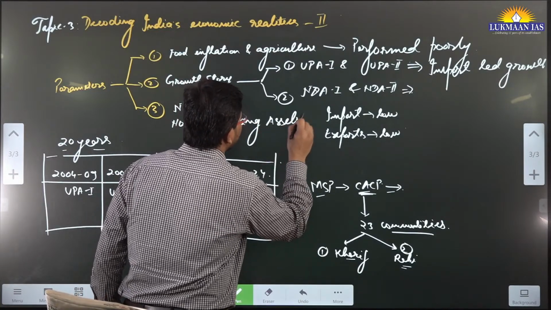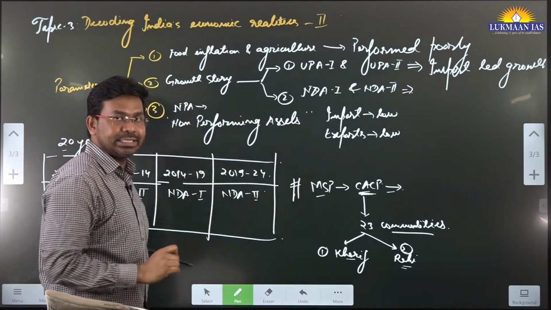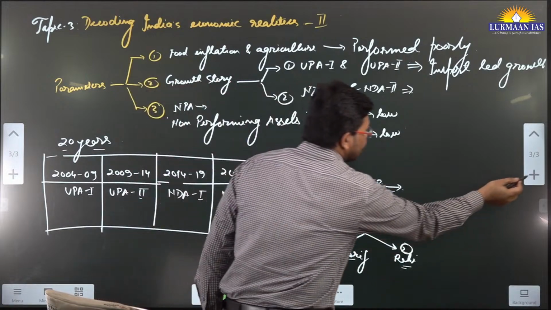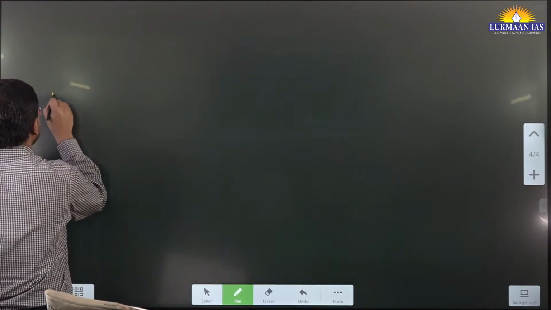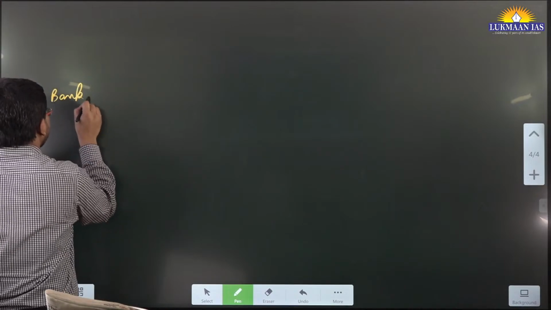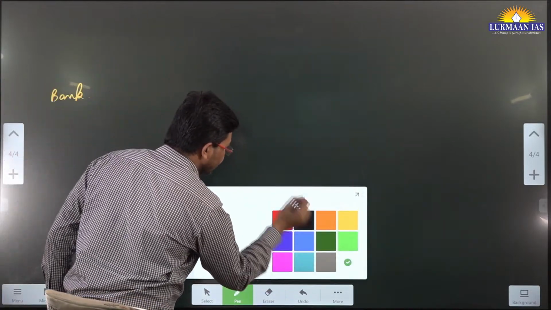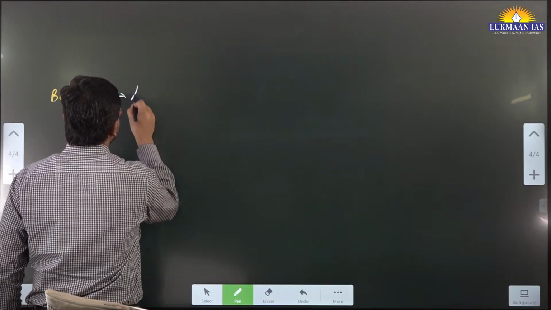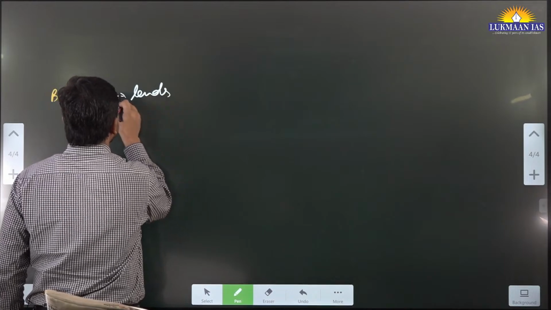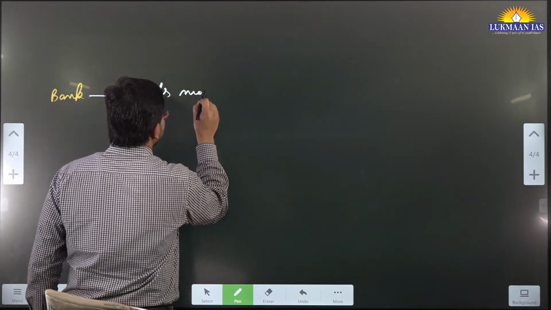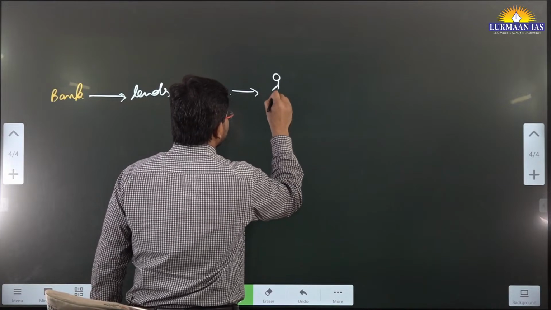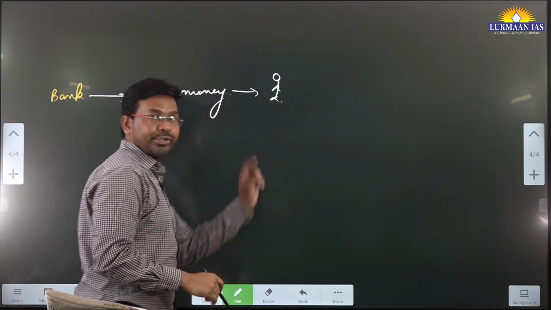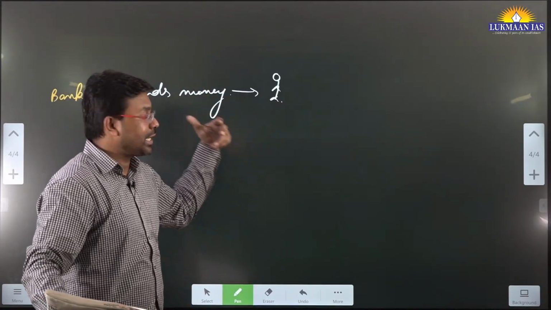Let us discuss what we mean by non-performing assets. To understand this, let us understand the situation of a bank. A bank lends money to customers. It can be an individual, a business, or a corporation.